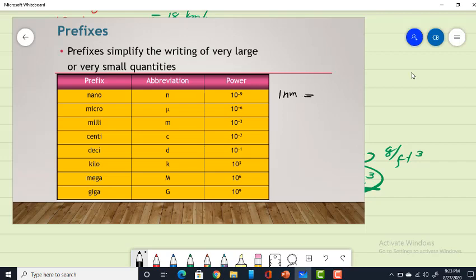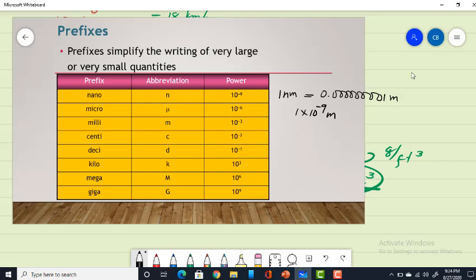So instead of writing 0.000000001 meter, which is long, you can write using scientific notation and a symbol as 1 times 10 to the negative 9 meter. So that's equivalent to 1 nanometer.